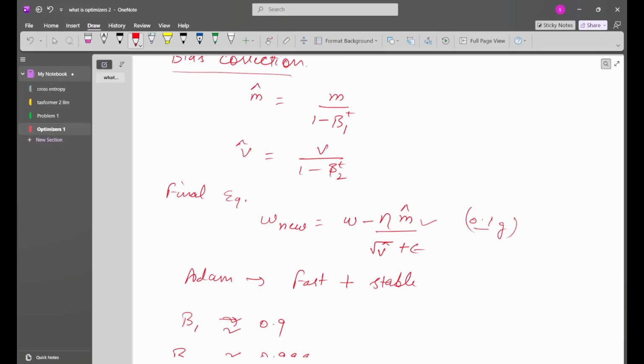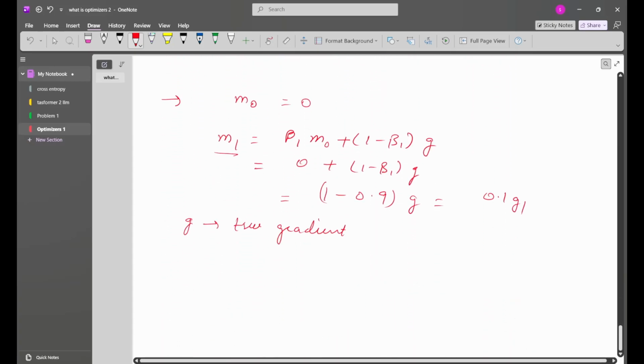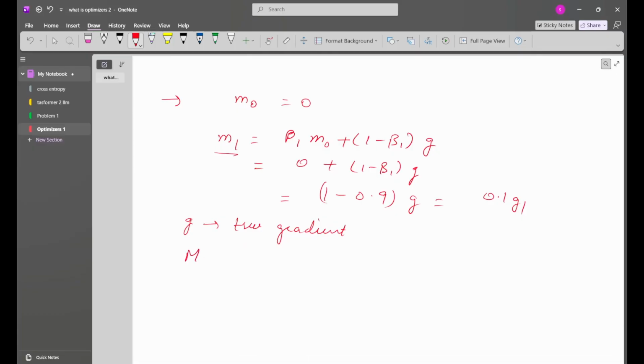It means 10% of the true gradient, 10% of the real estimate. So that means the moving average is biased toward zero in early steps.